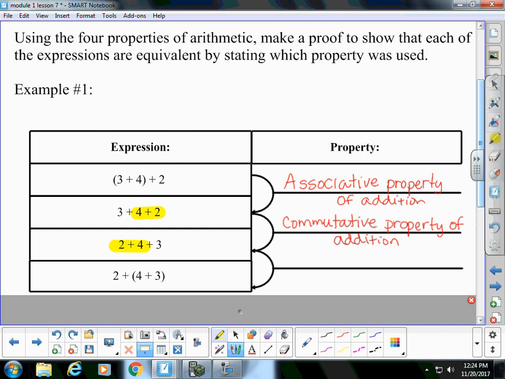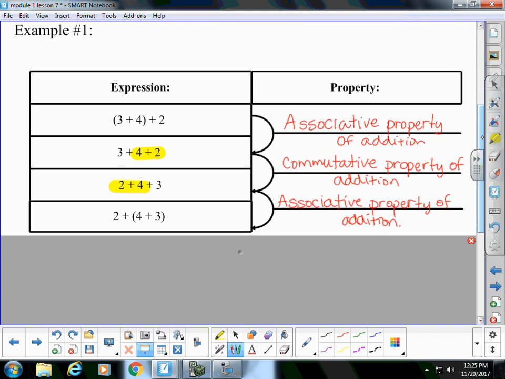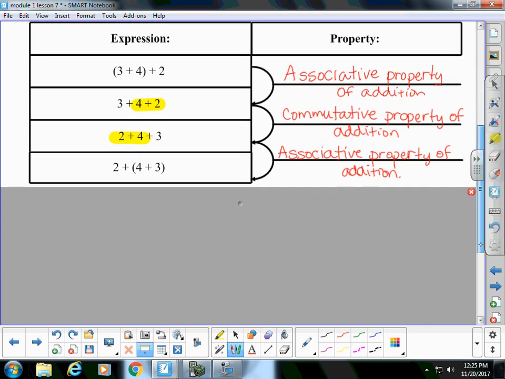So that's why this one's going to be the associative property of addition. Okay, so that's one example of how we're going to be using these properties.